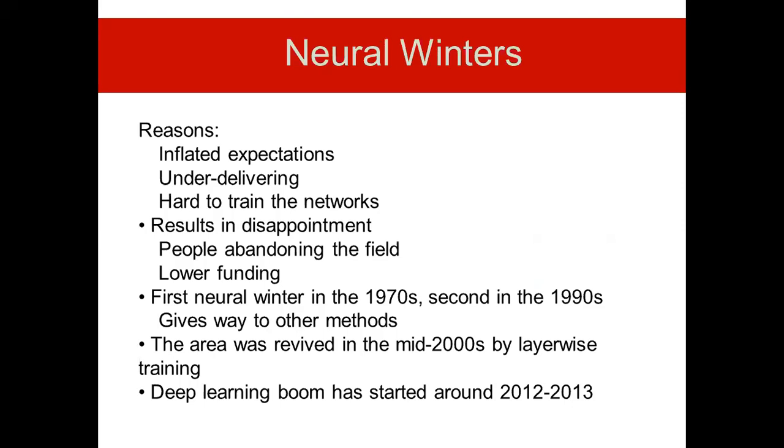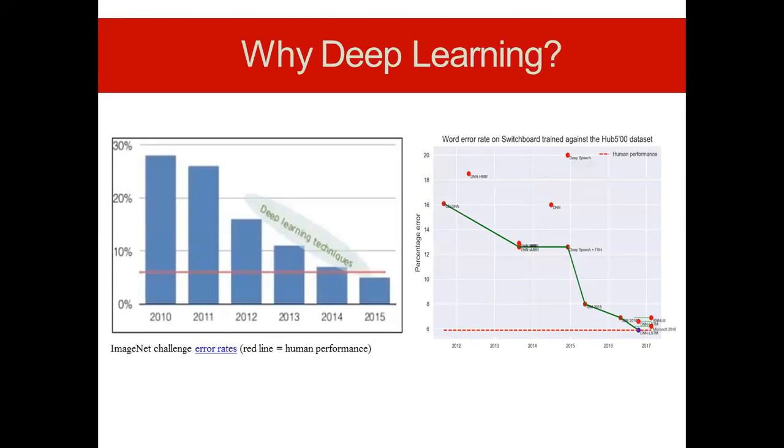So the area was revived in the mid-2000s by so-called layer-wise training. And the deep learning boom really started around 2012, when AlexNet achieved much better results in the ImageNet challenge. In 2012, there was a significant drop in the error rate on ImageNet achieved by AlexNet.